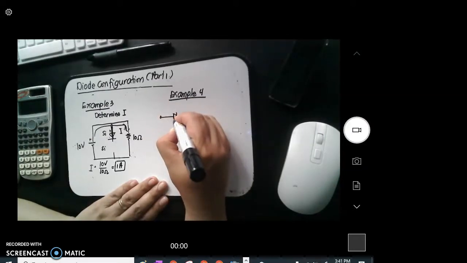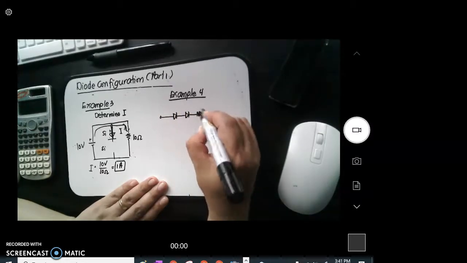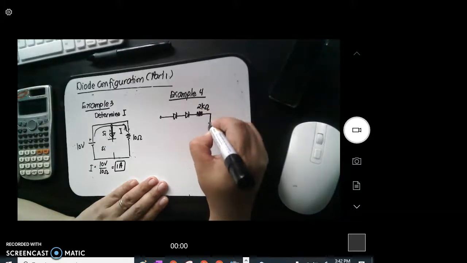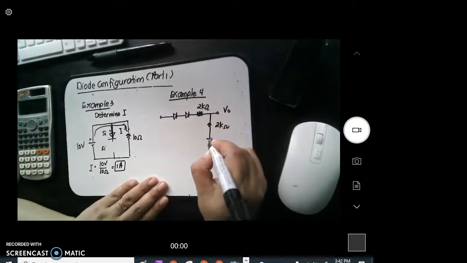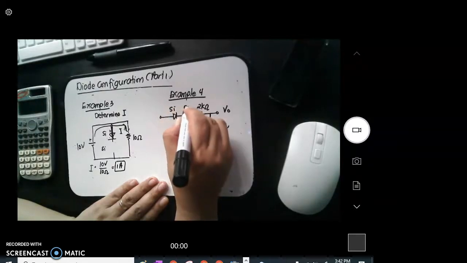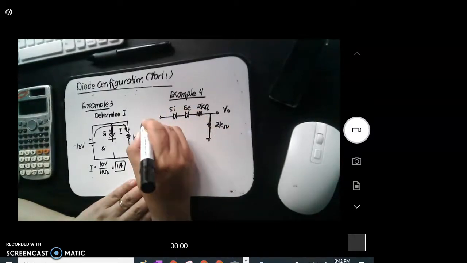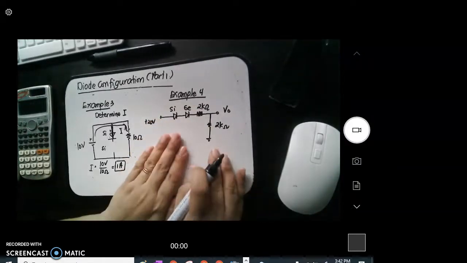We have the silicon, we have the germanium, and we have the 2 kilo ohms. Okay? So, we have 2 kilo ohms, and then we have the voltage output. Alright? So, this is silicon and this is germanium. Plus 20 volts. Alright?